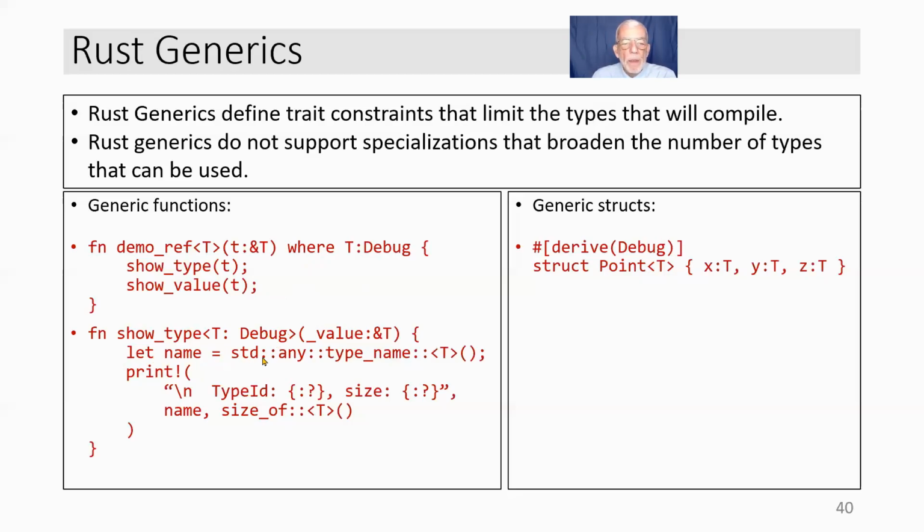So, let name equal std::any::type_name::<T>, and then size_of::<T>. All of that works as soon as I pass in a concrete type. So here, what I'm doing is defining a pair of functions, both of which will accept a large variety of types.